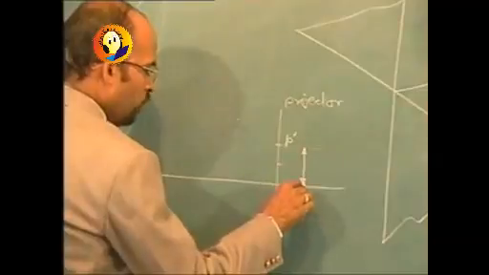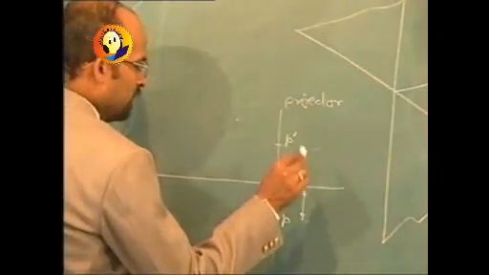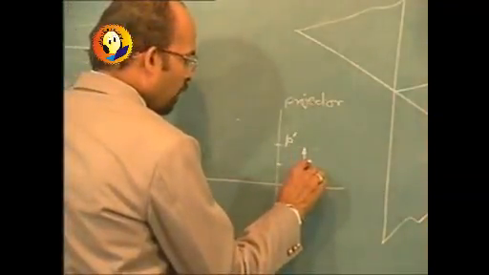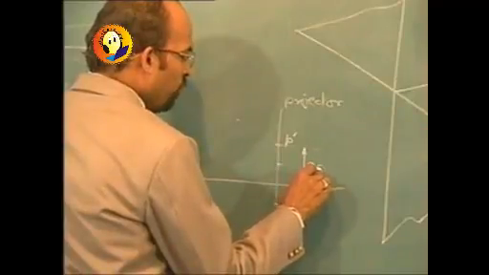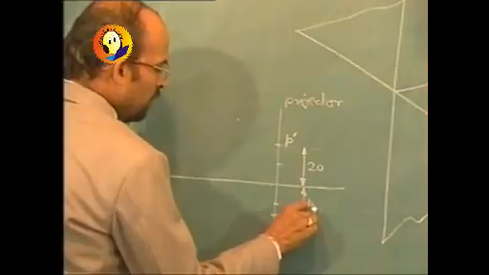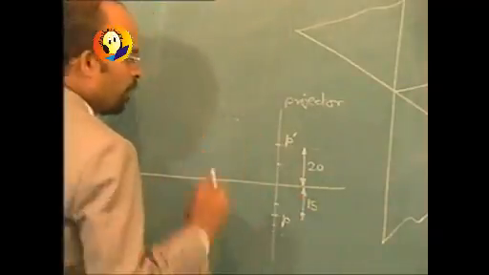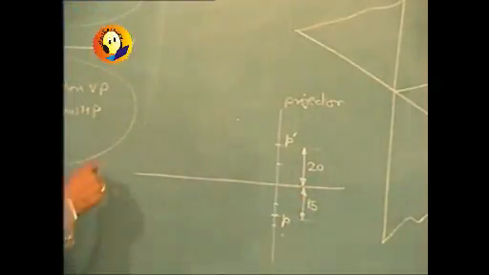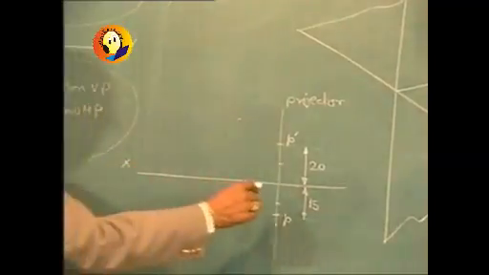Nobody is going to ask you any question on projections of points in your final exam. But remember that projections of points itself is forming the base for any solution in engineering drawing. So these will be the projections of point P.